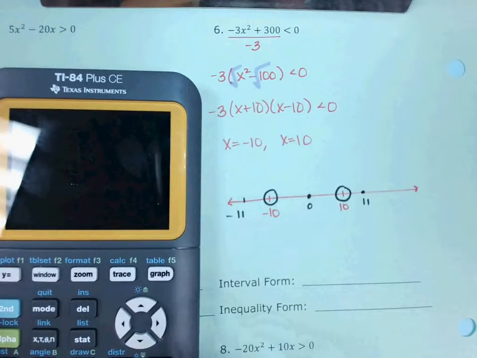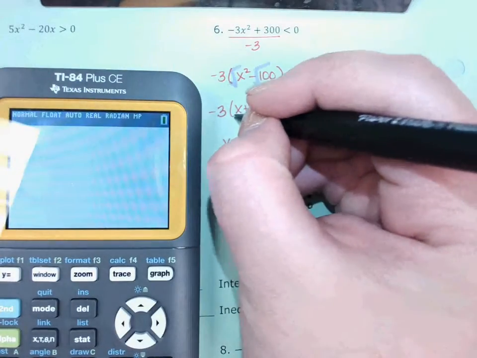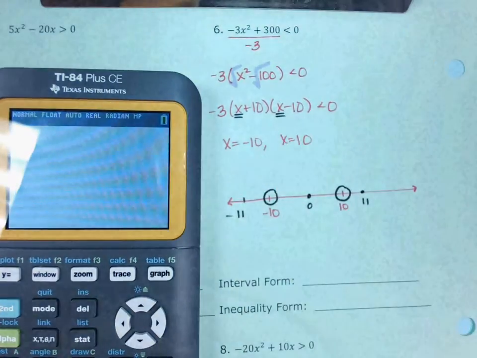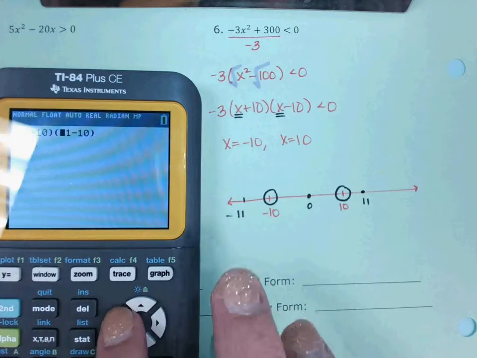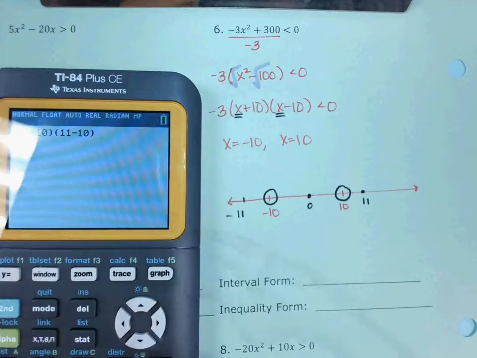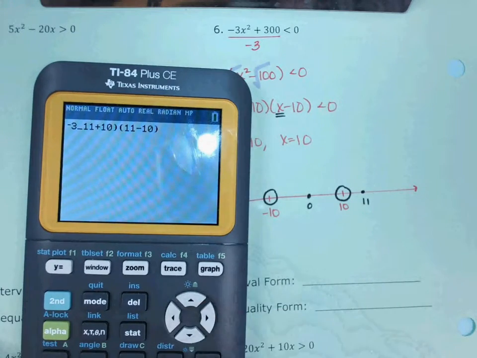Now, what am I plugging into my calculator? I'm plugging in for my x's, so I have an x here and an x here. So if I'm testing out, let's say 11, do I do 11 plus 10 and 11 minus 10, that's it? What needs to be in the front? Okay, so negative 3 in the front. Make sure if that's not there, you're going to get it wrong. So negative 3, 11 plus 10, 11 minus 10 came out negative.